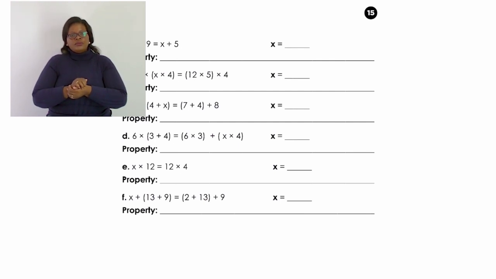At B, we also have to look where x is, be able to differentiate between x and multiplication. So you have also to indicate the property. At C, you also have to do the same. Until F, you are doing the same.